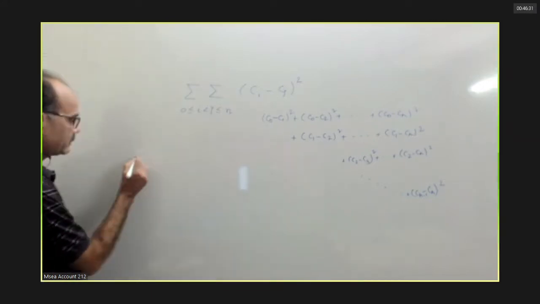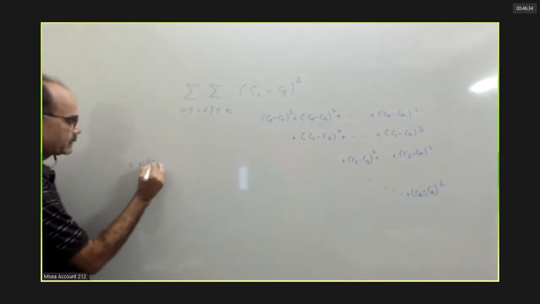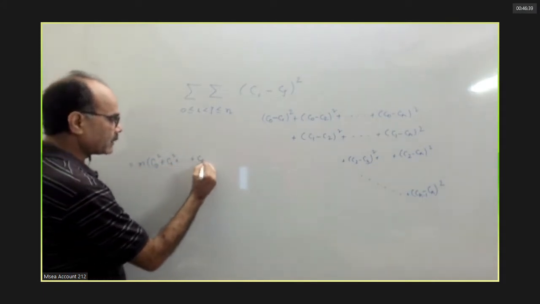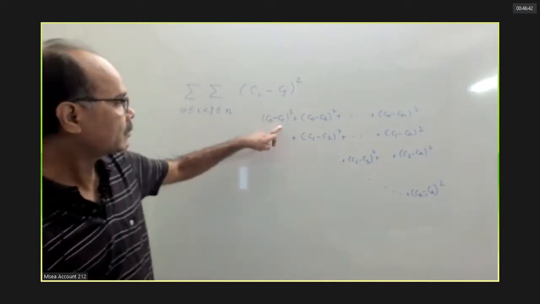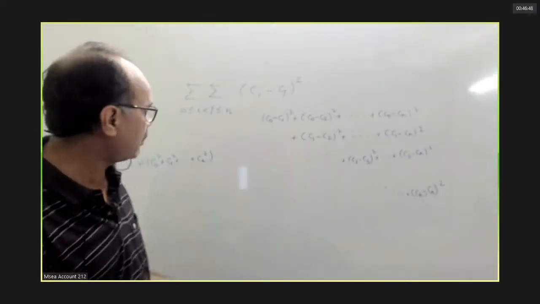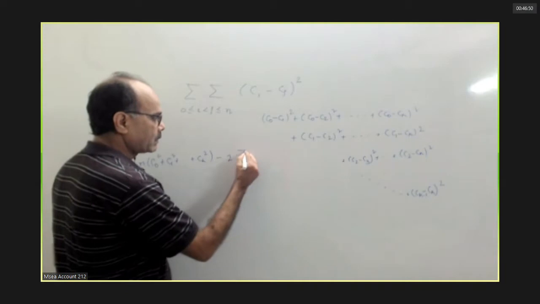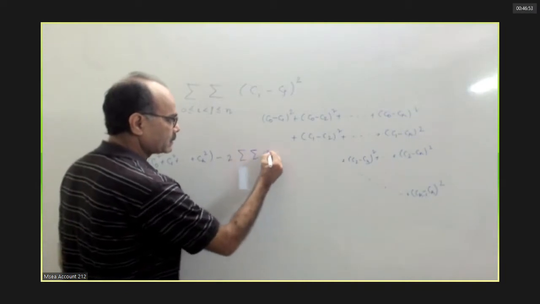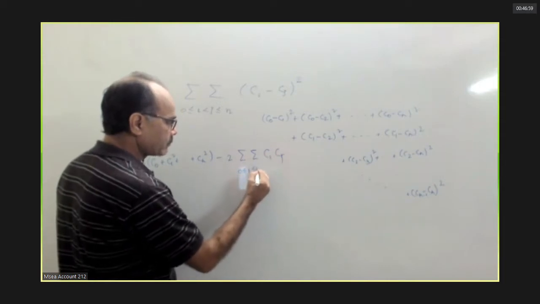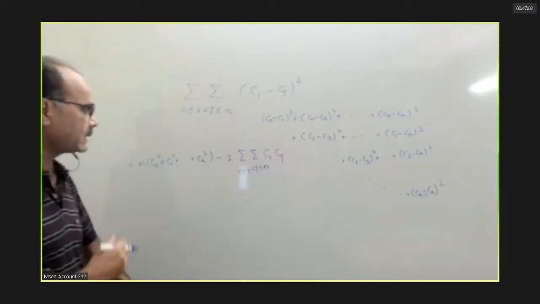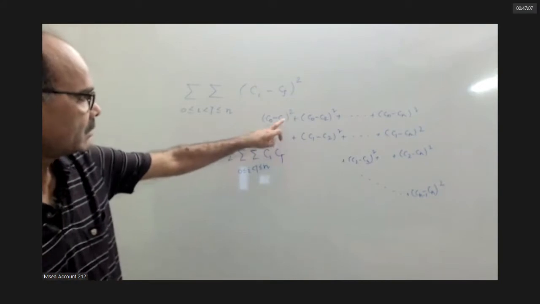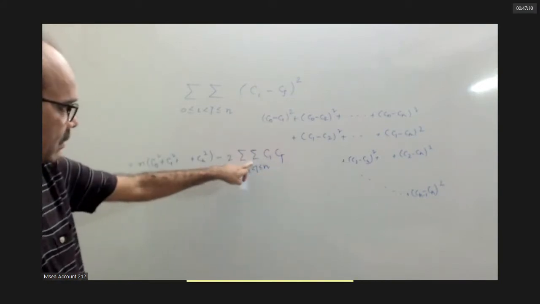So this equals n times (C0 square plus C1 square up to Cn square), and obviously minus 2 times all the products: C0C1, C0C2, up to C0Cn, and so on. This is the double summation of CiCj.